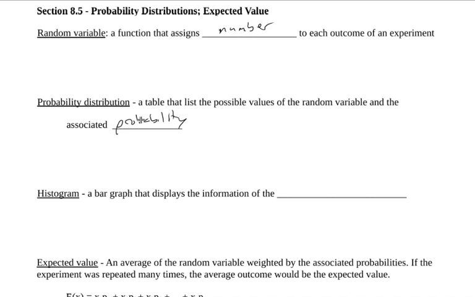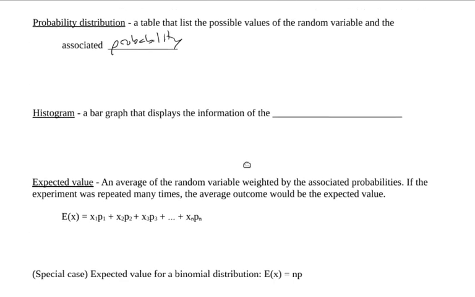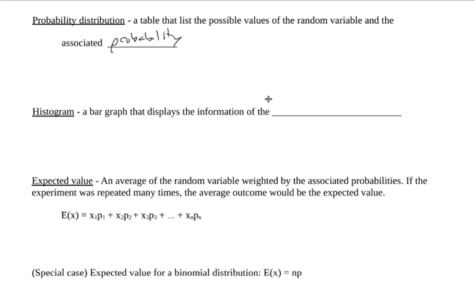It's just listing out all of the different things that could happen and their probabilities. And a histogram is what we get when we graph that. It's a bar chart that displays the information of the probability distribution.